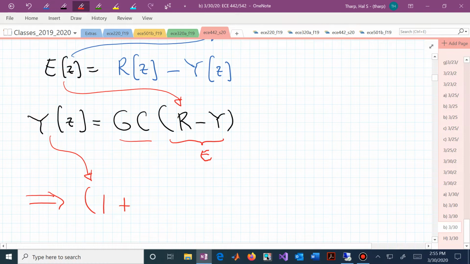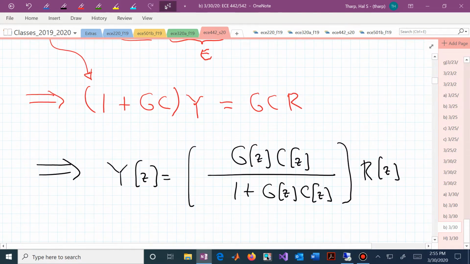If I add gcy to both sides, I now have that on my left-hand side. The gc minus gcy on the right-hand side has been canceled by adding gcy, and I'm left on the right-hand side with gcr.